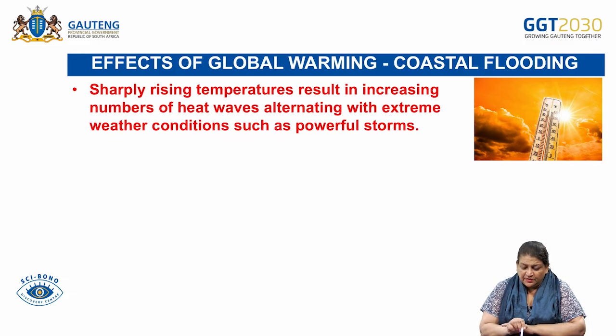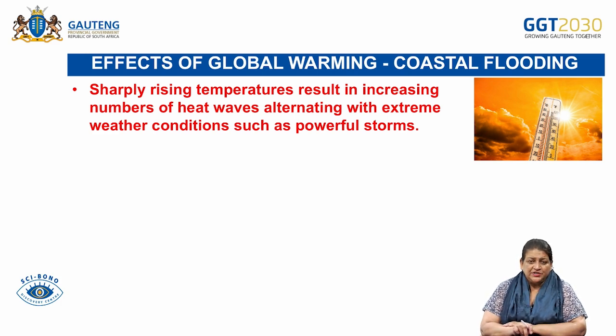Can you see there's a thermometer that indicates that the temperature within the Earth's atmosphere is increasing. And why? Because of the greenhouse gases. So sharply rising temperatures result in increasing numbers of heat waves, alternating with extreme weather conditions such as powerful storms.